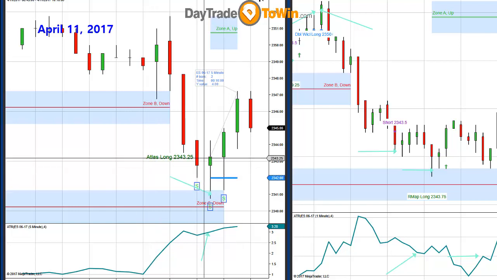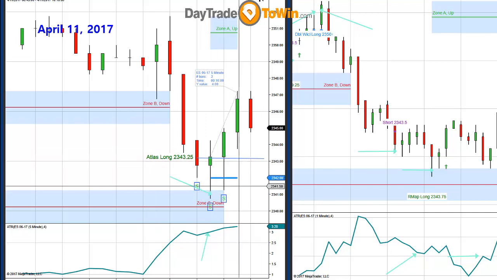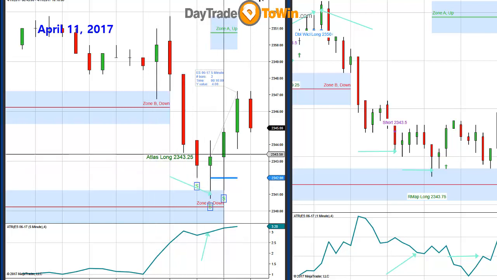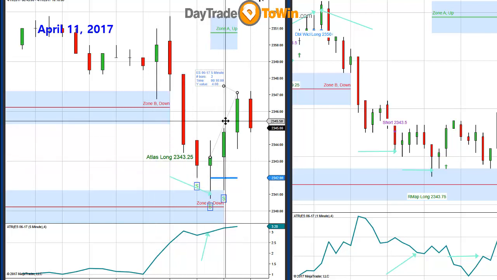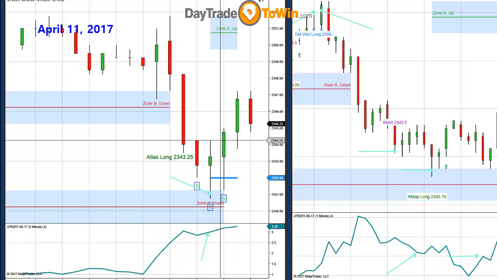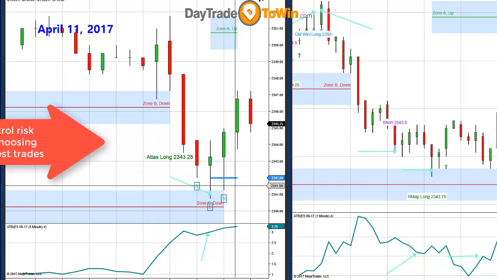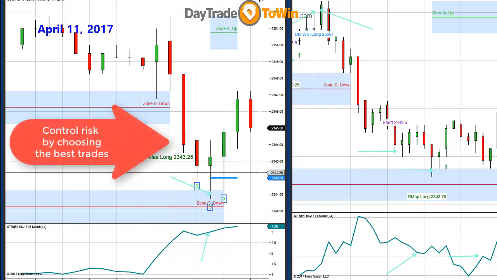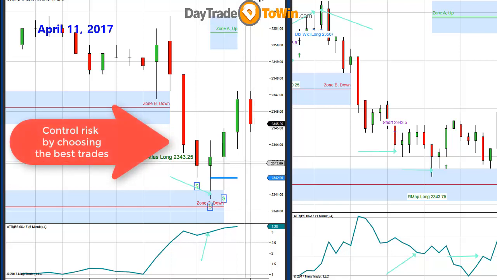So I would not, if it comes back down to 23.43 quarter right here, there's no reason to take this long yet once again. You don't do it. Okay? Strength trade, I mentioned to you that it was risky. It still worked here to go long, but I avoid the strength trade if the risk is too much. It's just smart. As a trader, you have to pick and choose the best trades, not every trade.